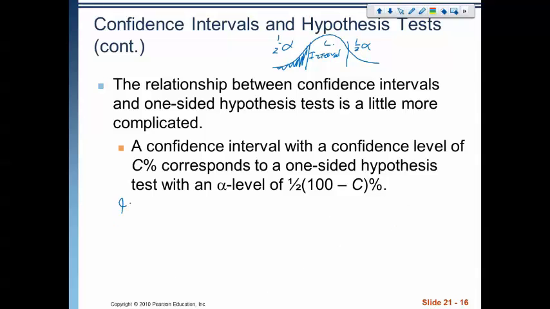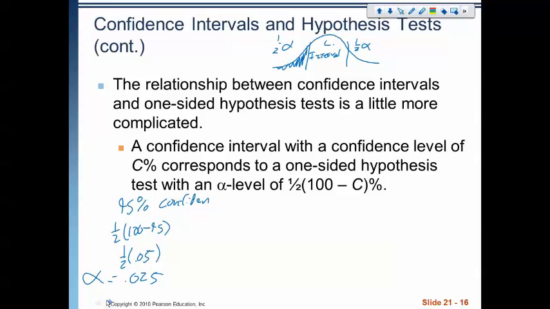So 95% confidence is going to be 1/2 times 100 minus 95. So that's 1/2 times 0.05, which is 0.025. So that would be an alpha level of 0.025.